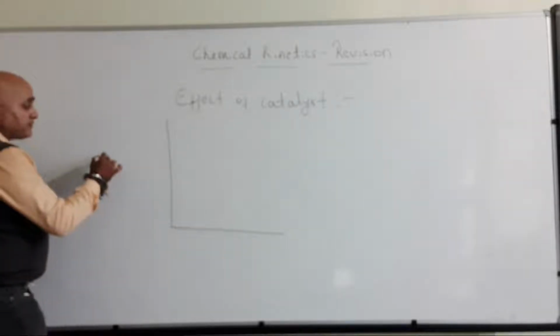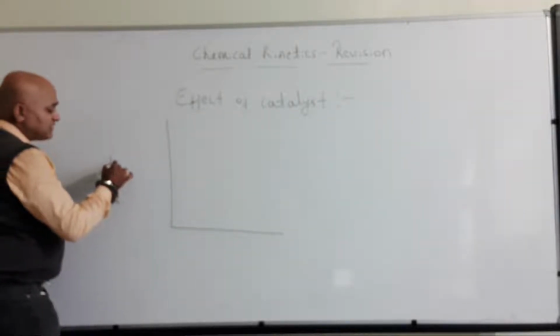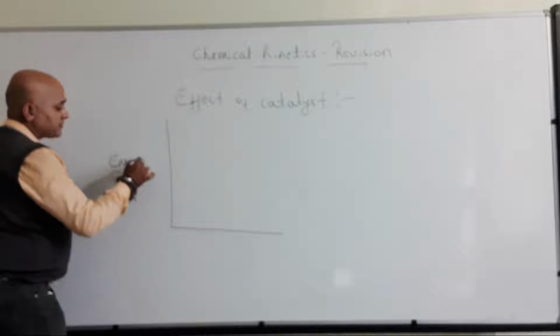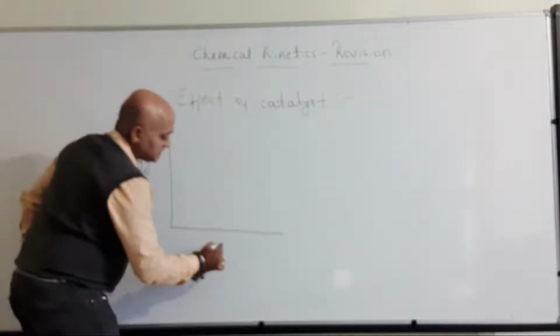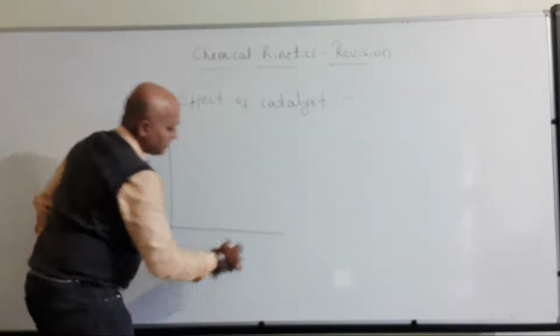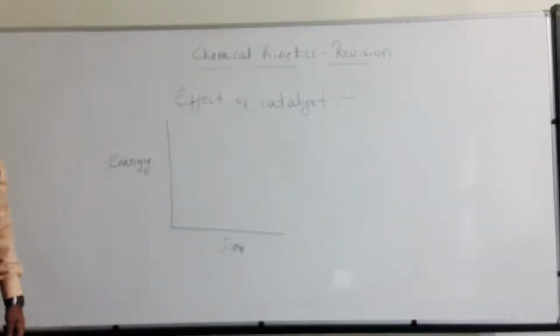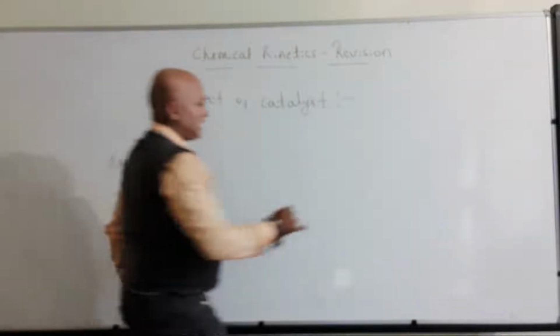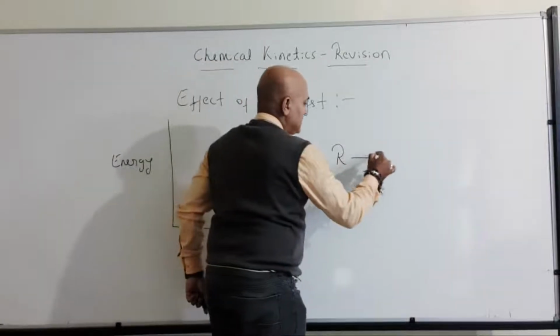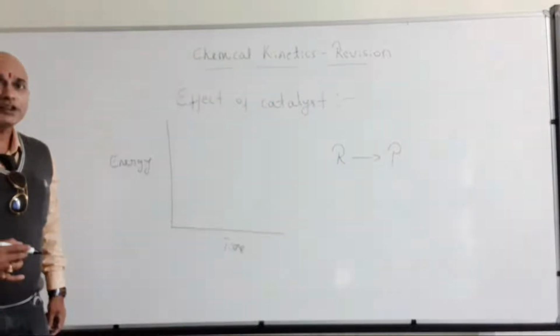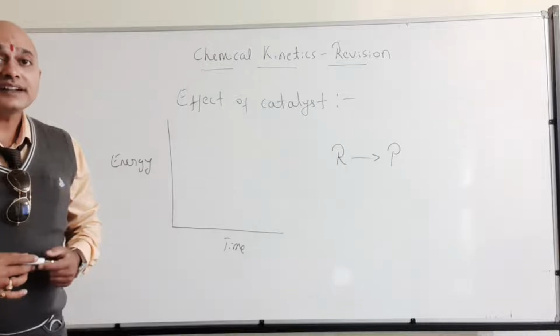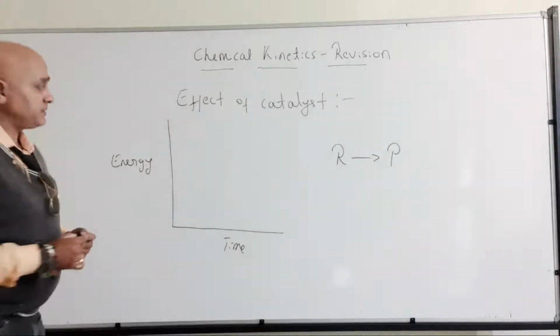On the y-axis it will be energy, and on the x-axis it will be time. When you plot the graph for any reaction where reactant is getting converted into product, after some time whatever reactant is there will get converted into product.